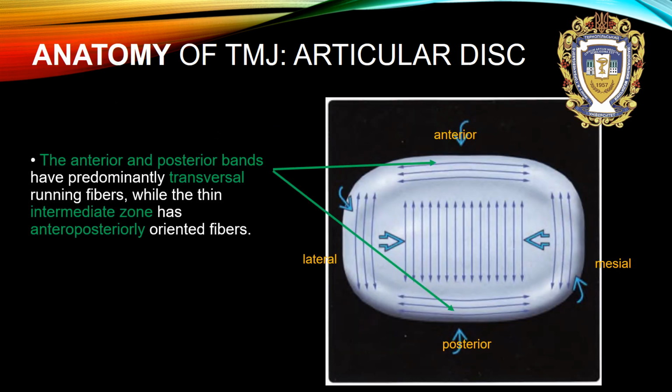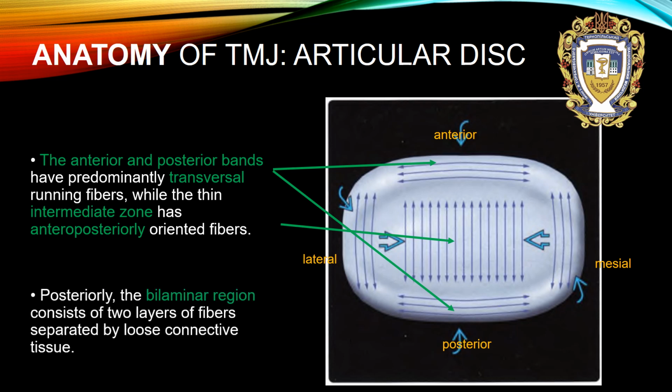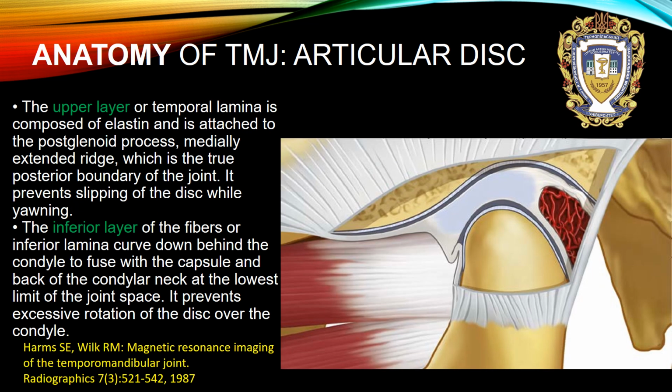The anterior and posterior bands have predominantly transversely running fibers, while the thin intermediate zone has anterior-posteriorly oriented fibers. Posteriorly, the bilaminar region consists of two layers of fibers separated by loose connective tissue.